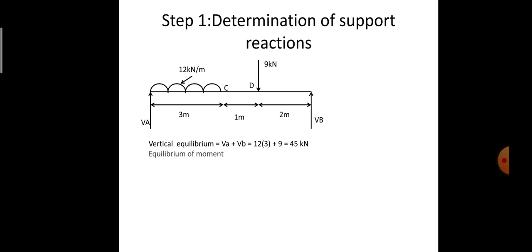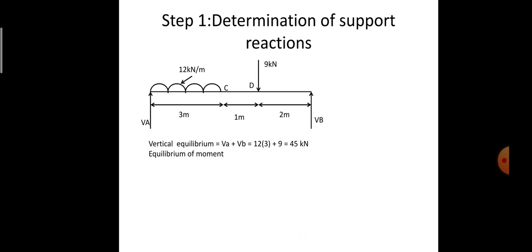Next comes the equilibrium condition applied for the moment. Here we can straight away say that clockwise moments are considered positive and anti-clockwise moments are considered negative during the application of the equilibrium condition for the moment. Our main motive in this step is to determine the support reactions.